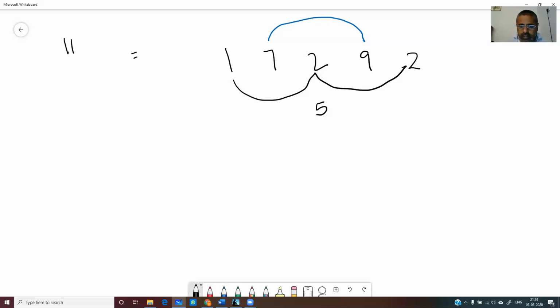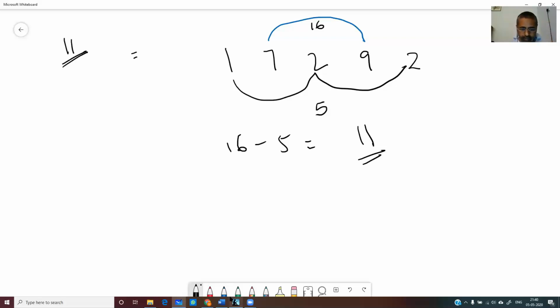How much is that? 16. So the even positions sum to 16 and the odd positions sum to 5. Find the difference. 16 minus 5 is 11, which is a multiple of 11. The difference should either be 0 or a multiple of 11. If that is the case, then it is divisible by 11. I'll explain this once again.